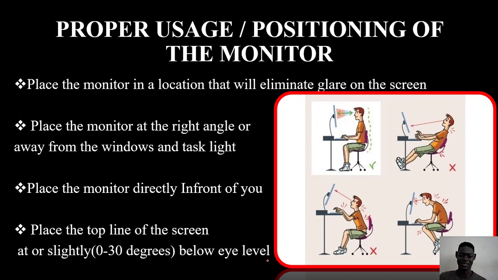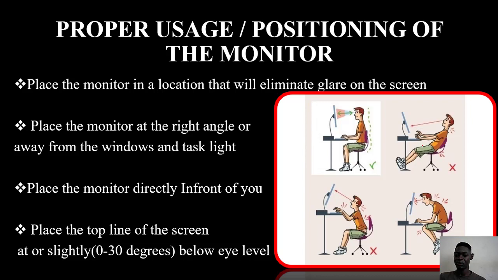So let's go back to the pictures. As you can see, which one is the correct position of the monitor and the correct posture of the boy sitting at it? Is it the first one, where the small red dotted line is blinking, or this one, the top right corner?